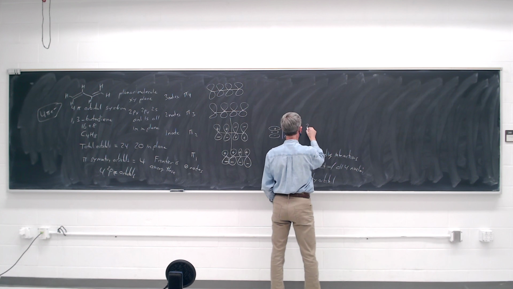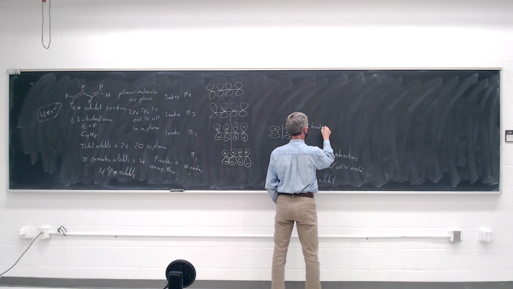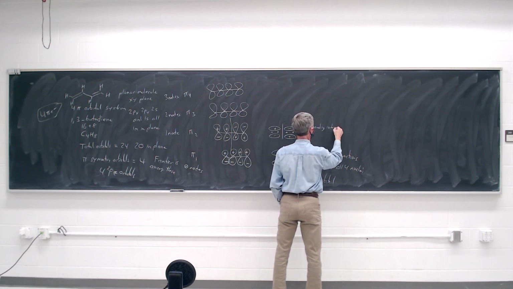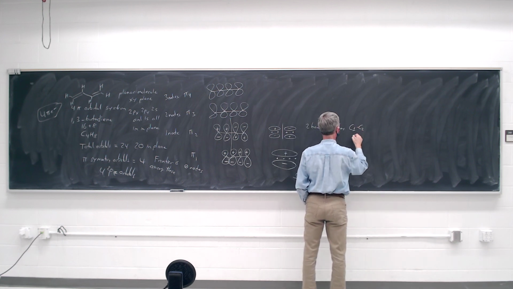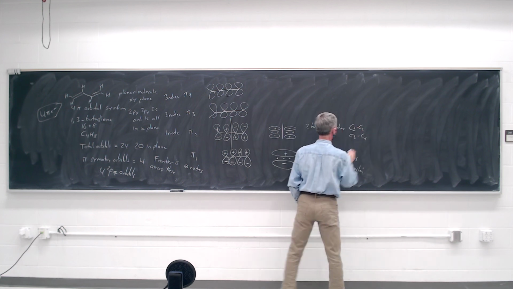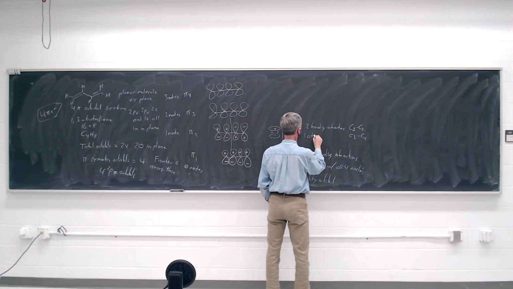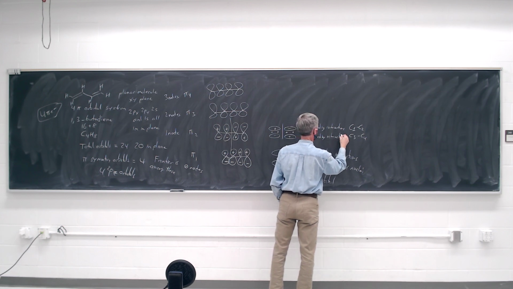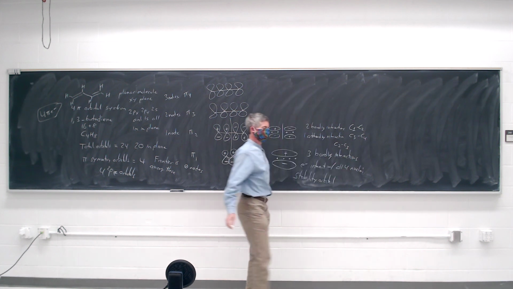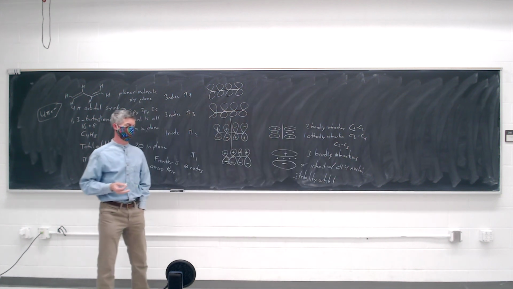So there's 2 bonding interactions, C1-C2 and C3-C4, but there's 1 anti-bonding interaction with respect to C2, C3. So how many net bonding interactions are there?